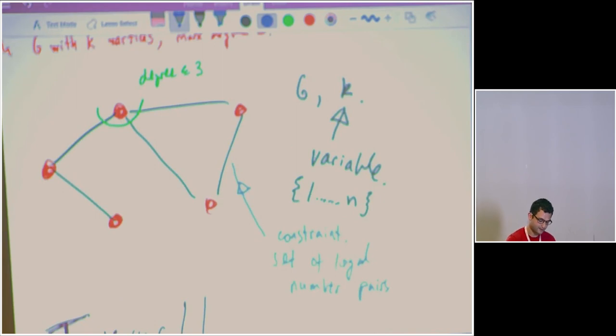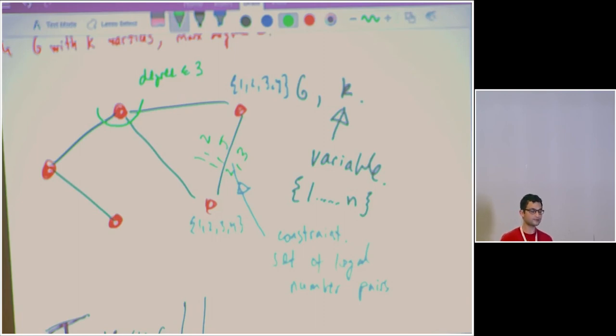So for example, if I can set this guy to 1, 2, 3, 4, and this guy I can set to 1, 2, 3, 4, then maybe this edge is happy if I set this guy to 1 and that guy to 2, or if I set this guy to 1 and that guy to 5, or if I set this guy to 2 and that guy to 3, you get the gist, right? So I just give you the list of all pairs of assignments to those two variables that would make this edge happy. Now the task is to maximize the number of happy edges.